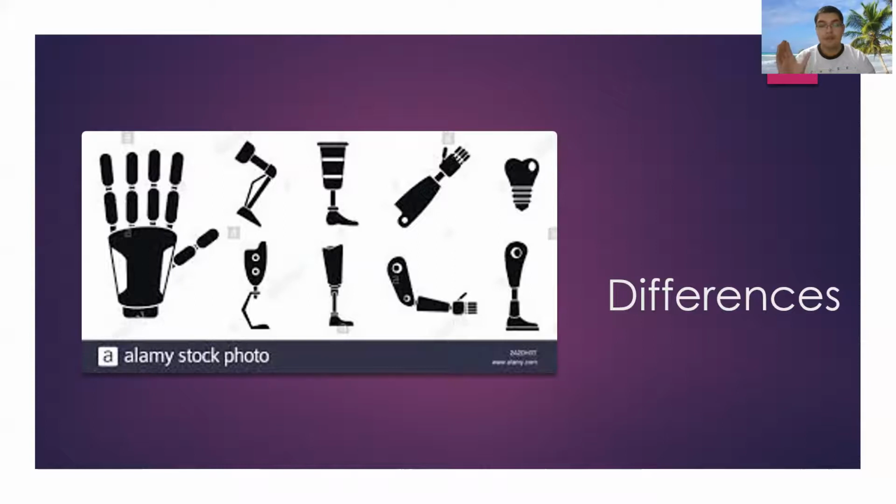The cost has a variation depending on the model and material. In general, this type of bionic prosthetics is expensive, with the exception of PLA. The PLA is very cheap.